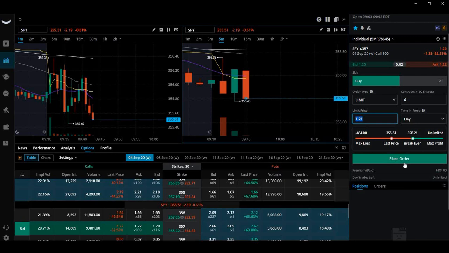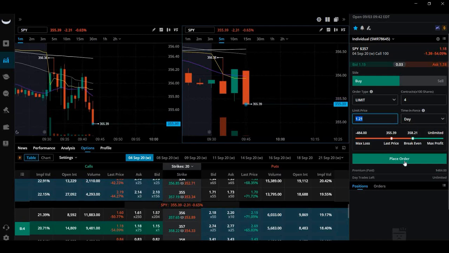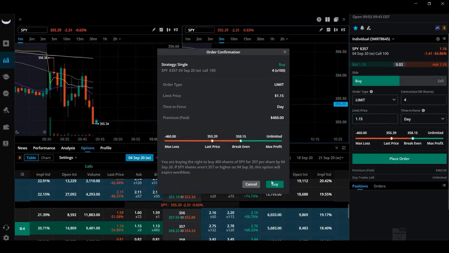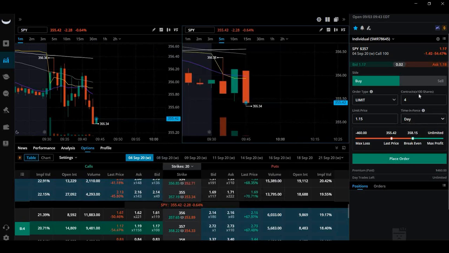Look at the 5-minute candle. That big red 5-minute candle. And here we go. Now we're getting a push down. Now I'm thinking, alright, I'm going to definitely get in somewhere down here because this has got to be the bottom. So $1.15, 4 contracts, it's $460. $1.19, $1.18.